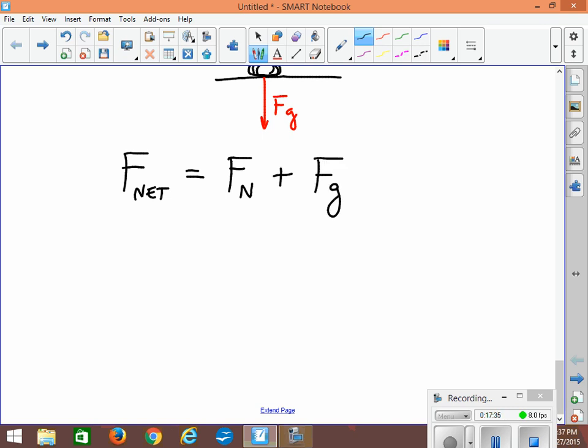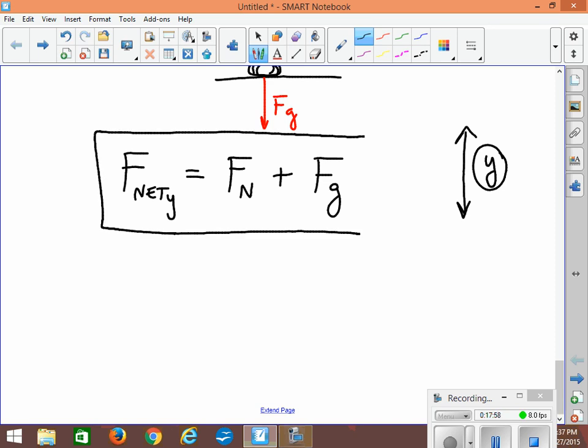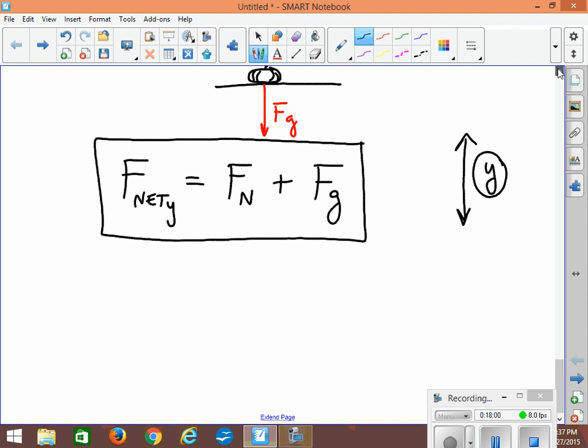So you see how we turned it into this. One more thing I'm going to add, because we're talking about the up and down forces only, remember, we're talking about the vertical forces, which on the graph are the y-axis. I'm going to put a tiny y right here to remind me that this equation is all about up and down. And so this represents what I wrote in words up here in blue.